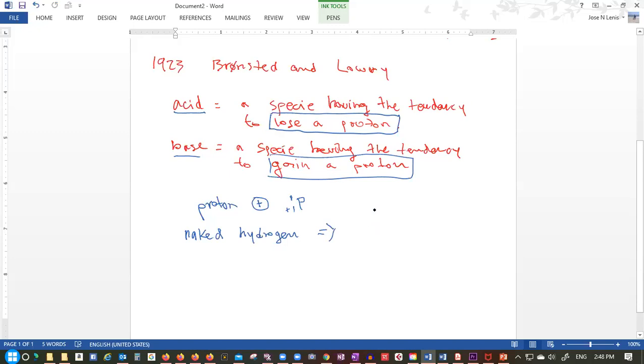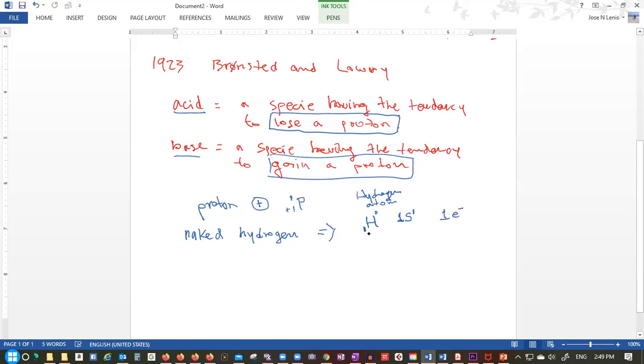So let's do the electron distribution for hydrogen. Hydrogen, atomic mass 1, 0 charge on the atom. This is hydrogen. An atom is neutral. That means the electron distribution for this is going to be 1s1. So it has 1 electron.